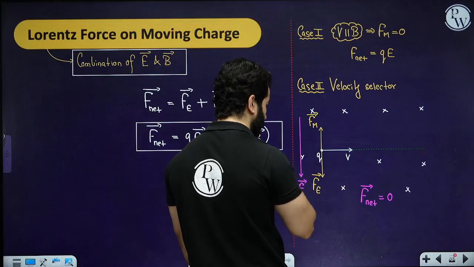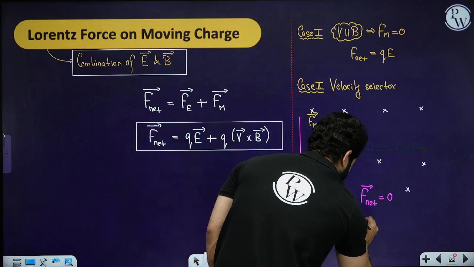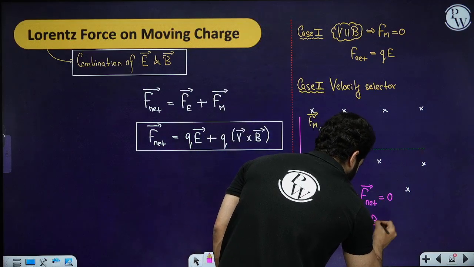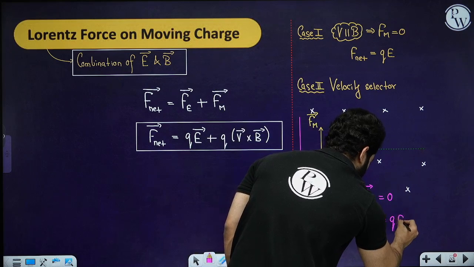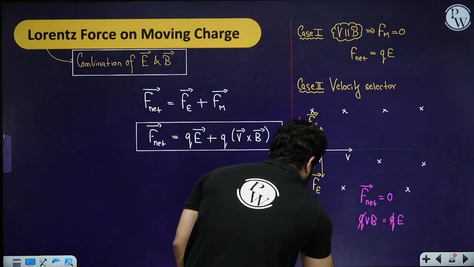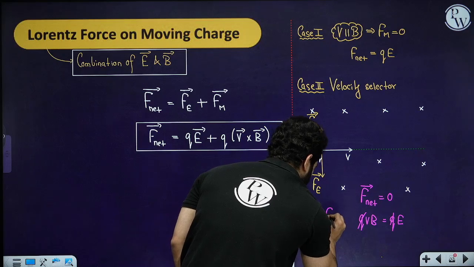So now we simply say qVB should equal qE. q can be cancelled out, and velocity should be E by B.